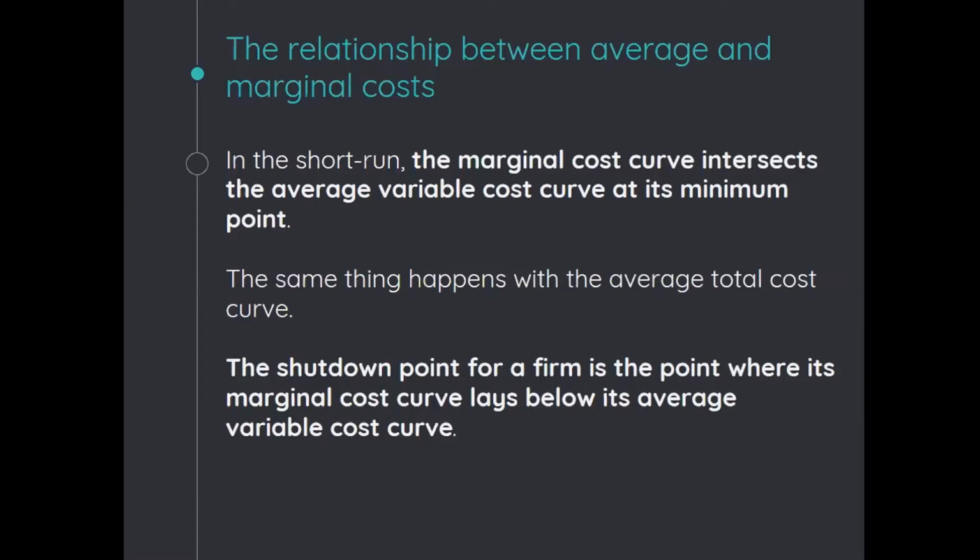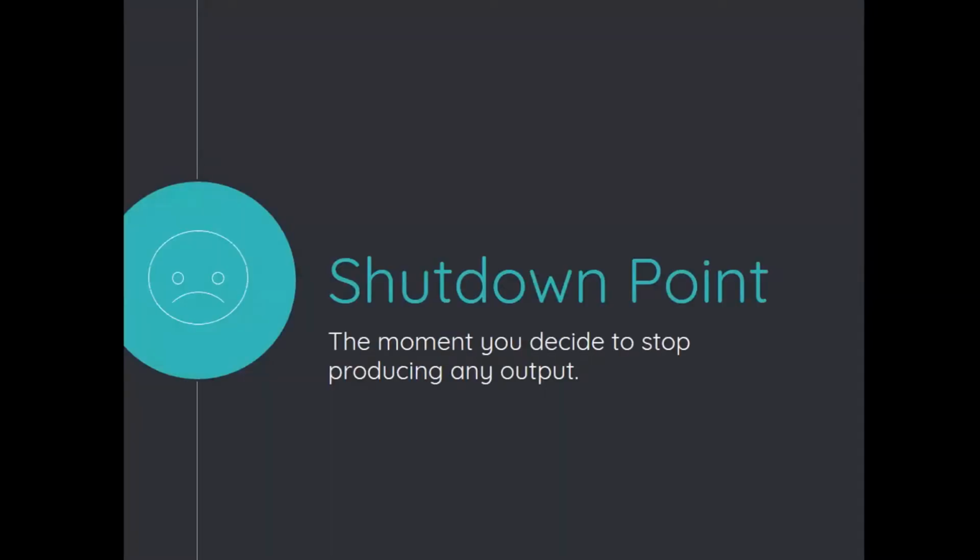You don't want to have rising debt or rising costs that you can't afford and lose money every month. So the idea is to cut the losses, and you cut the losses by halting production. The shutdown point is the moment you decide to stop producing an output.